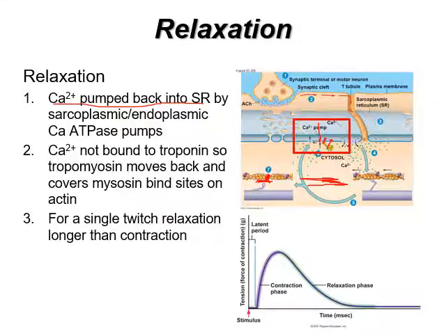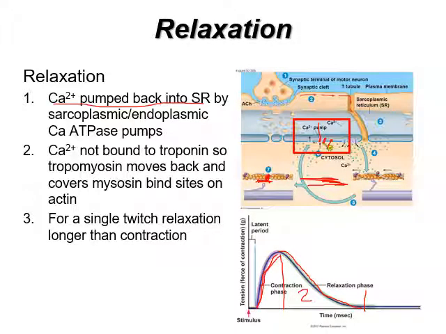So we'll see what's taking place in our muscle twitch. We have our muscle twitch down here. We have a contraction phase, and then we have a relaxation phase. Which one looks like it is more drawn out in time? The relaxation phase is basically almost twice as long as our contraction phase here.